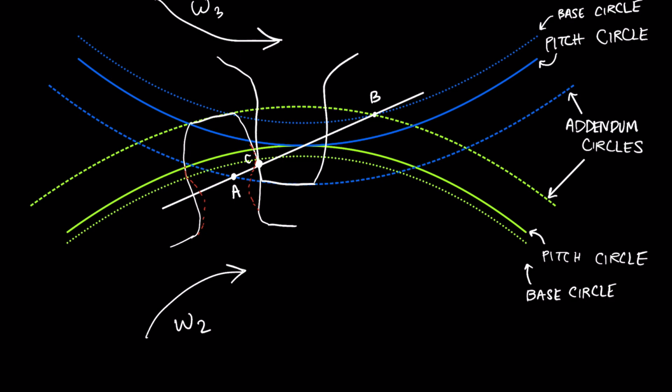When this mating tooth would be digging out this material, there's nothing there, so we avoid that interference. The problem is that this can considerably weaken the gear tooth.